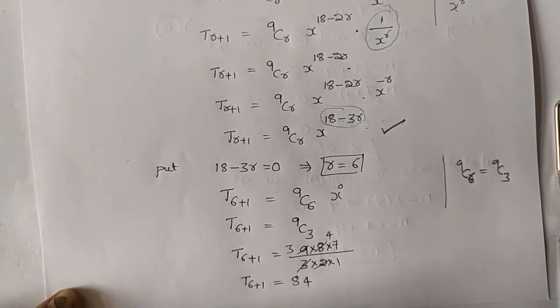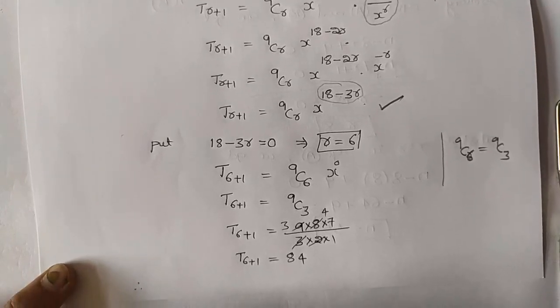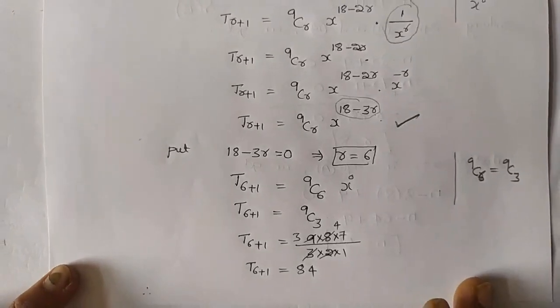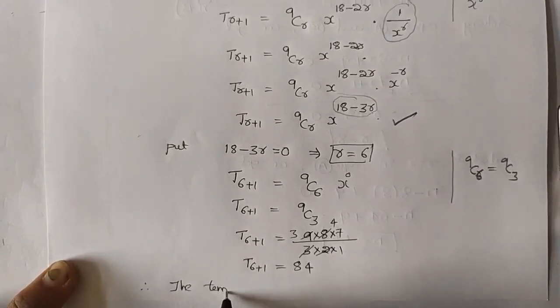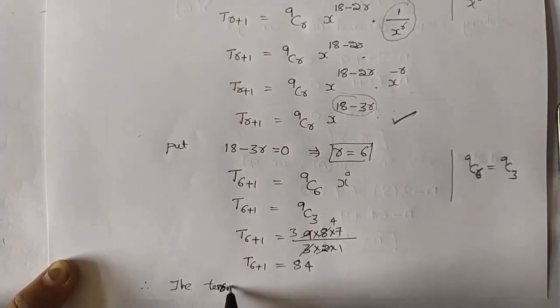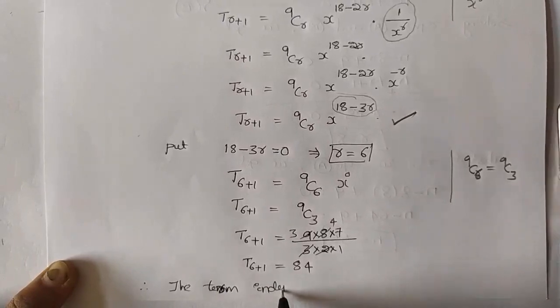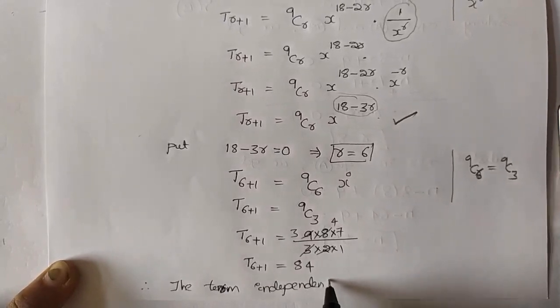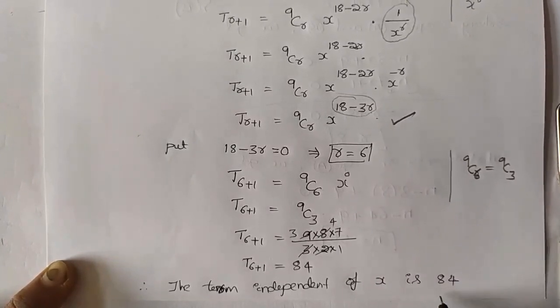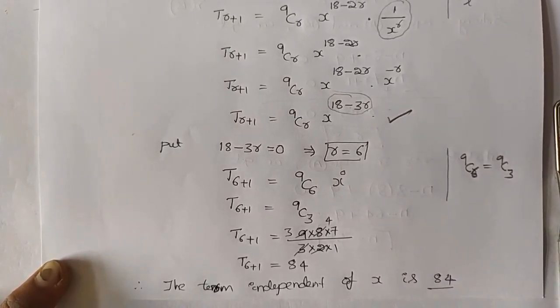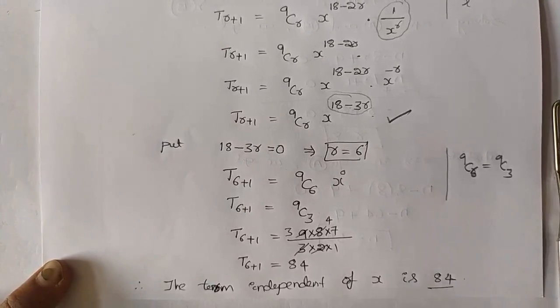Therefore, write the conclusion. Therefore, the term independent of x is 84. Hence, it is the solution.